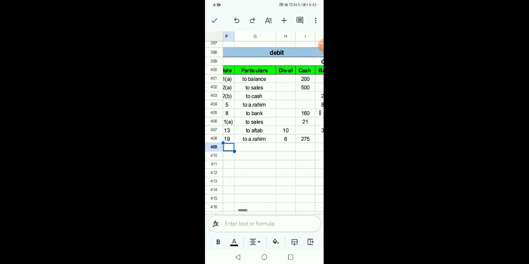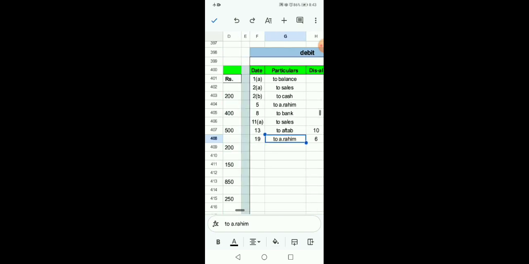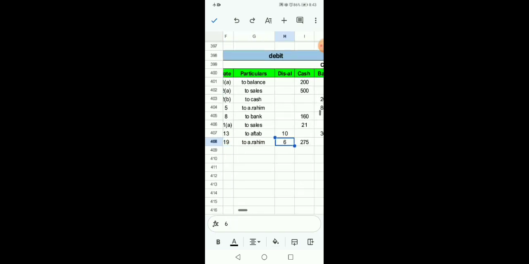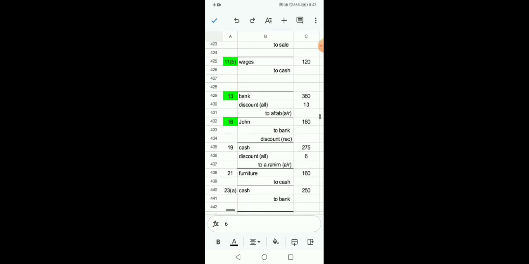Since the reference of 6 and 275 is the same, which is Abdul Rahim, and the date is the same, you have chosen the same row. So both possibilities are good. You may choose the next line or you may choose the same line. Cash and discount were supposed to be posted and we have already posted. Entry 19 is completed. Mark it, it has been done.